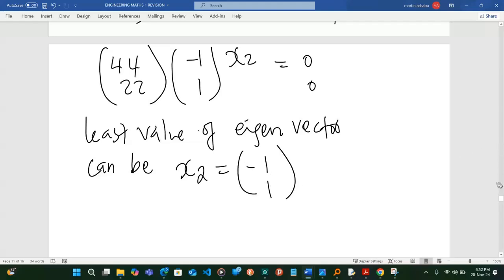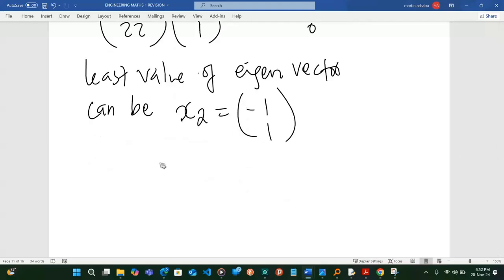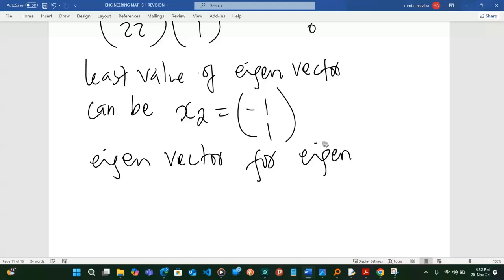And therefore, you'll find that your eigenvector for eigenvalue lambda equal to -1 is -1, 1.